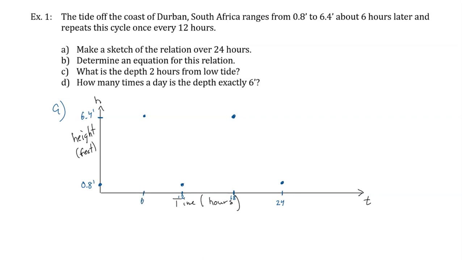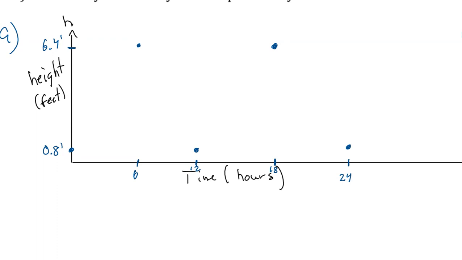And I'm not even really thinking about how this is trigonometry. I'm just using my common sense. It says 6 hours, it goes from 0.8 to 6.4 about 6 hours later. So I went 6 hours and went to the top. Then 6 more hours back down to the bottom. 6 more hours back up to the top. Labeled all of those.